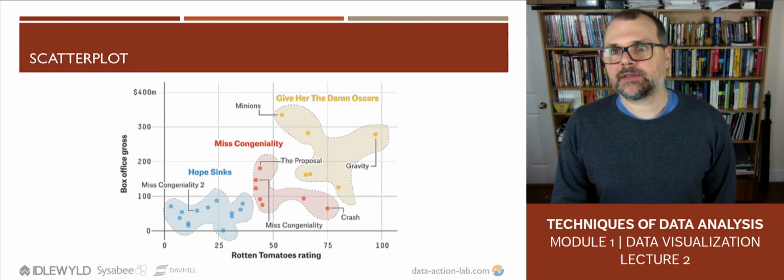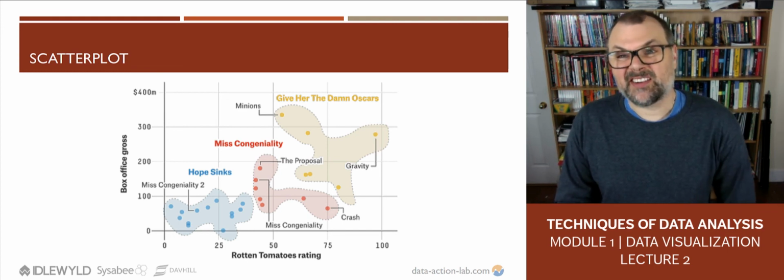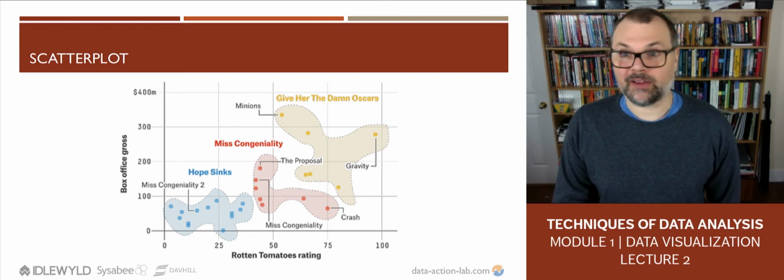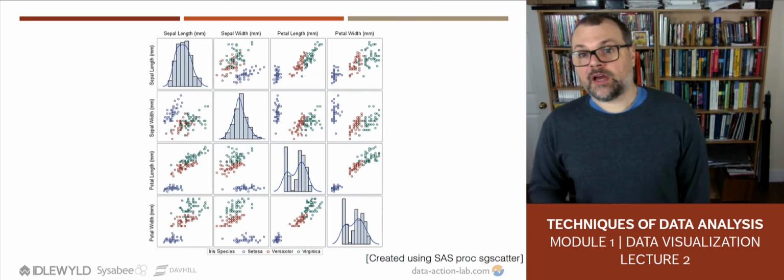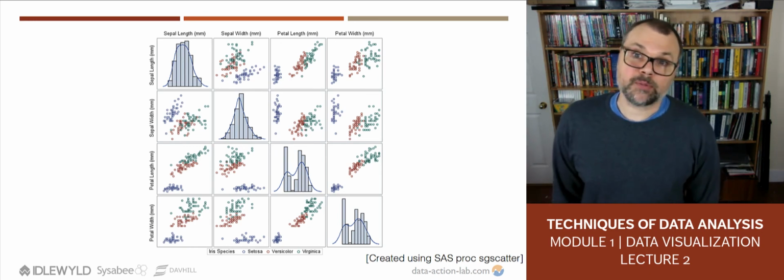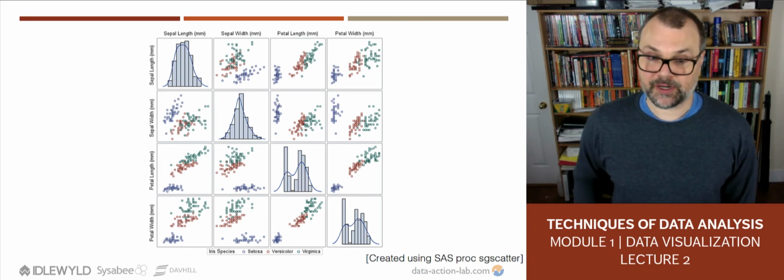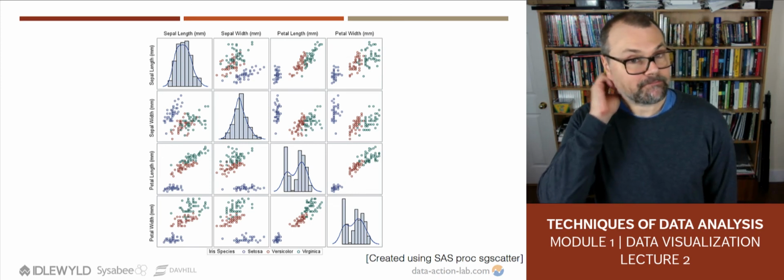Scatter plots are basically like line charts without actually joining the points together. You've seen this before. You might have called this a point cloud or cloud of points. Once you have a scatter plot between two variables, there's nothing to stop you from having scatter plots between all pairs of variables in your data set.